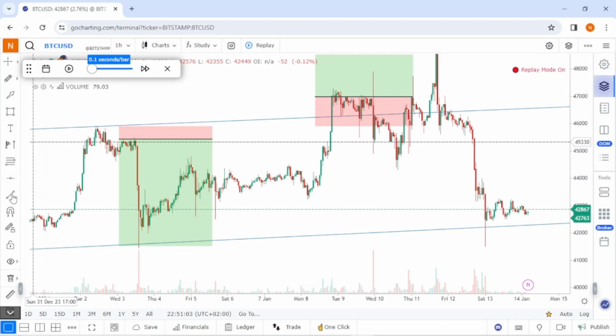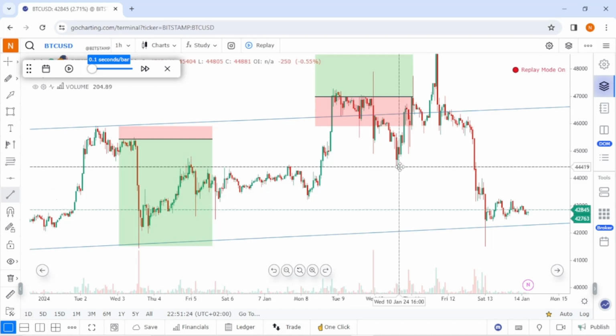You should always, well, at least in most cases, always try to wait for the market to give you a pattern which you recognize. So let me put this here.